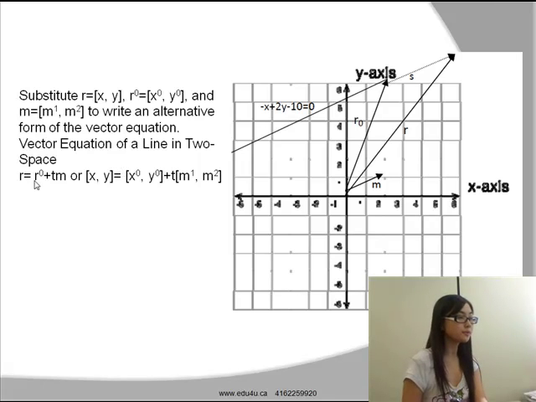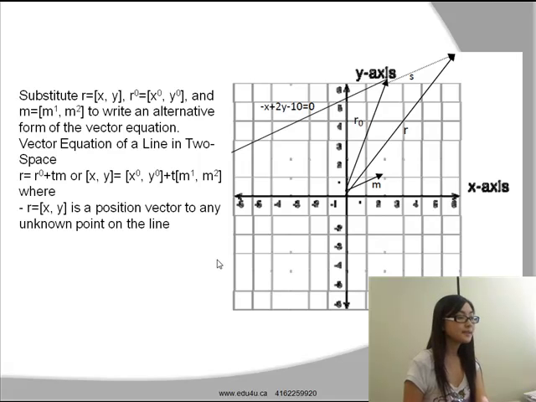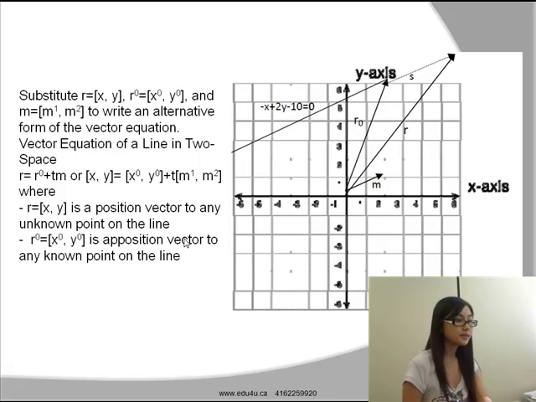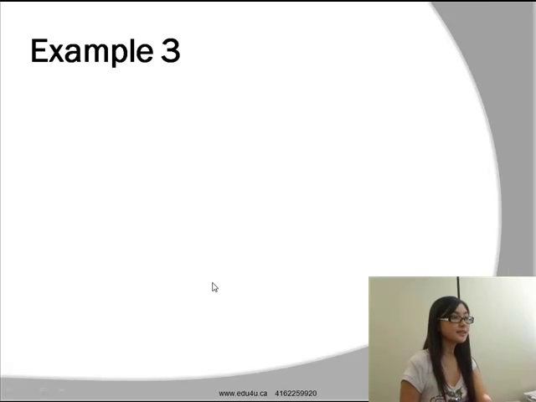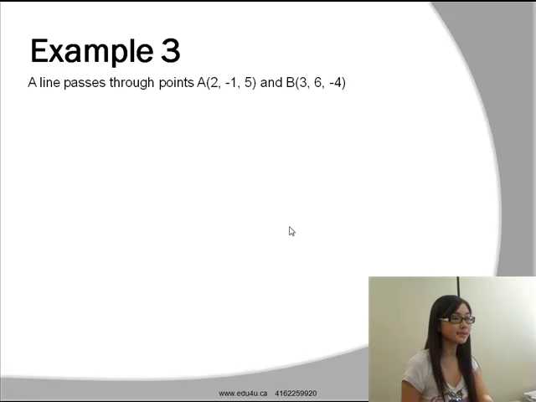The vector equation of a line in 2-space is r equals r0 plus tm, or (x, y) is equal to (x0, y0) plus t times (m1, m2), where r is a position vector to any unknown point on the line, r0 is a position vector to any known point on the line, and m is a direction vector parallel to the line.